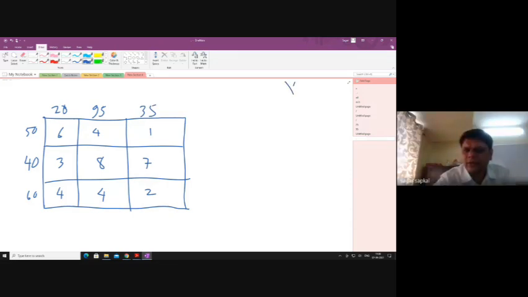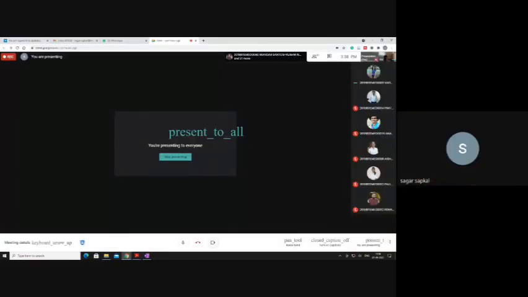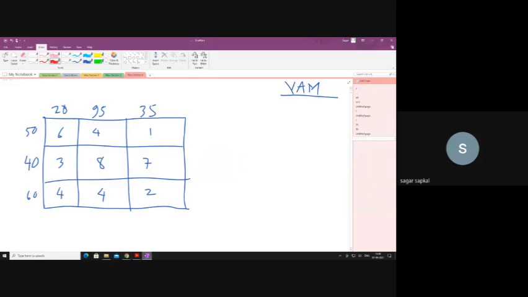Okay, now which method are we going to use? We are going to use the method called VAM, Vogel's approximation method. This is also called the penalty method. This particular method is based on opportunity cost. Here we need to find the difference between the least cost and the next least cost.